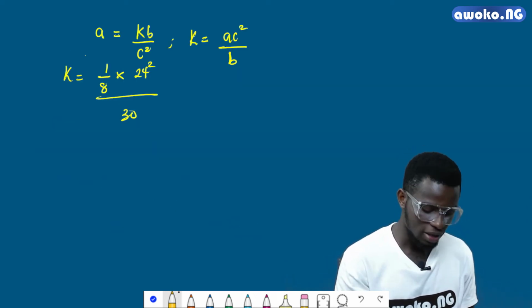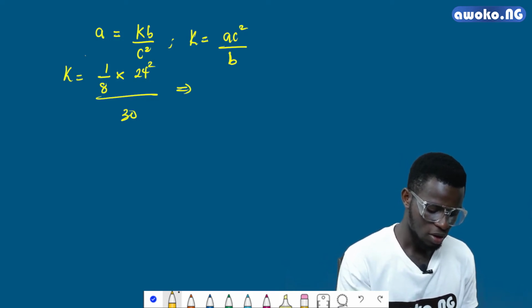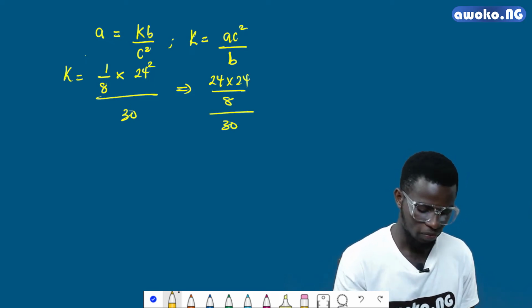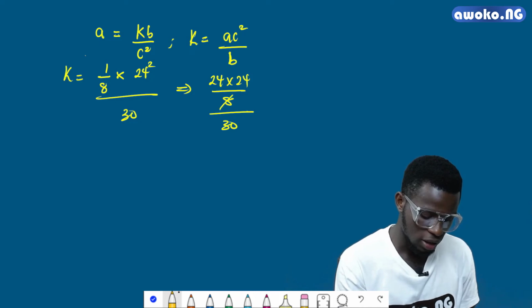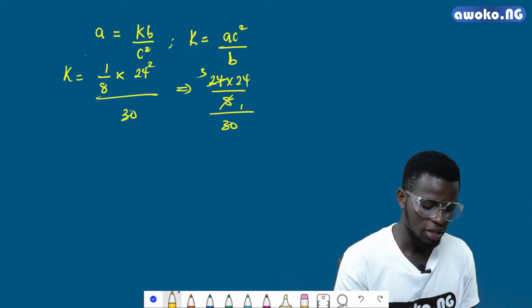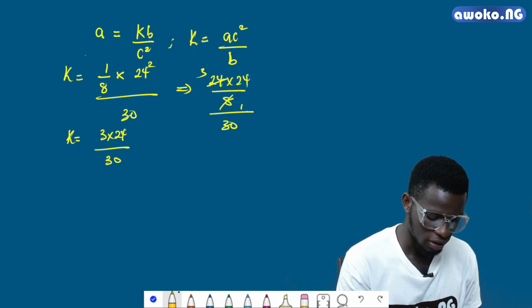So this is the same thing as saying 24 times 24 over 8, all over 30. And here 1, here 3. So we have 3 times 24 over 30. So K is equal to 3 times 24 all over 30.